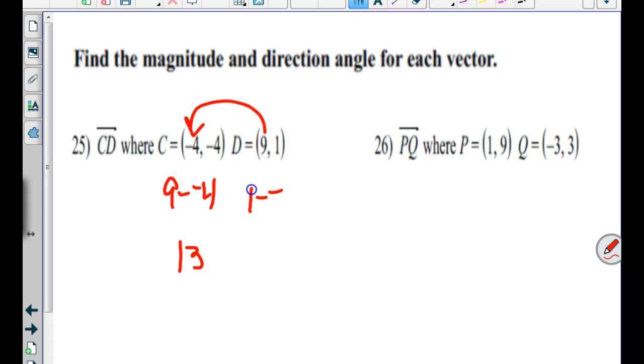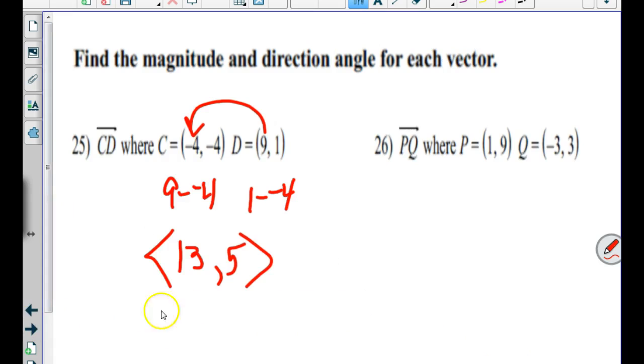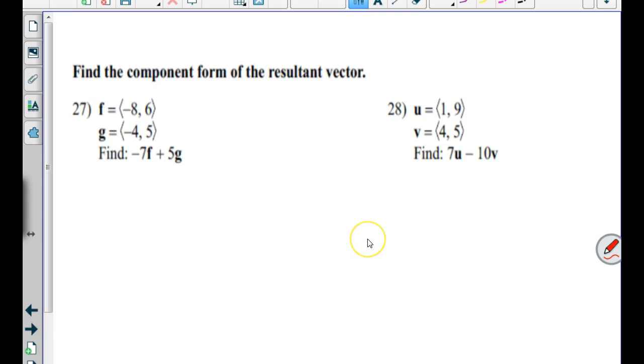And from negative 4 to 1, it went up 5. Aren't those the same numbers we just had? Yeah, so it should be 13.9 for the magnitude again, but the angle this time should be positive 69, I think. All right, we can do another one of those tomorrow, so put a note there so we review that again tomorrow.